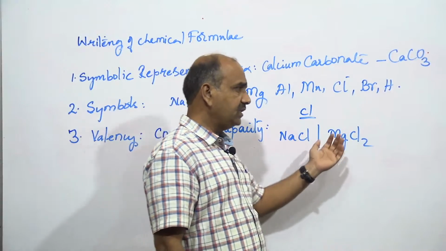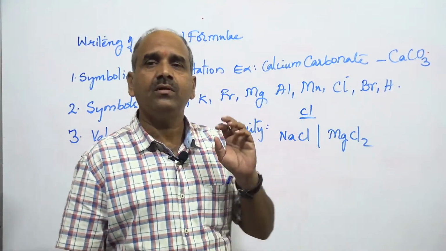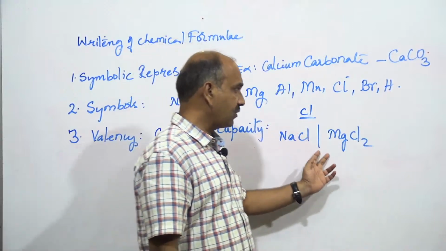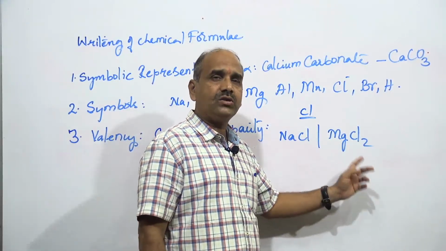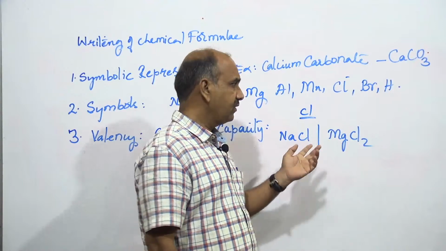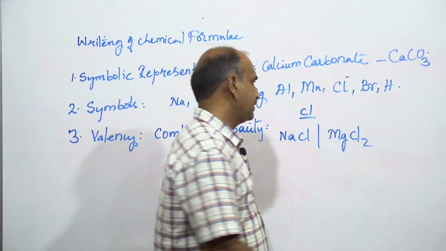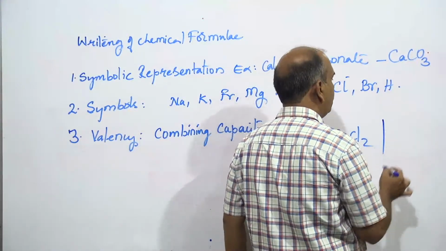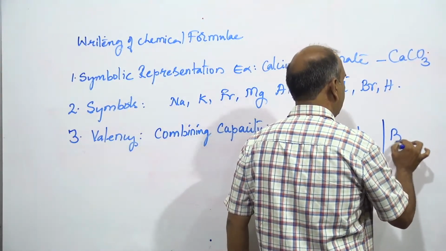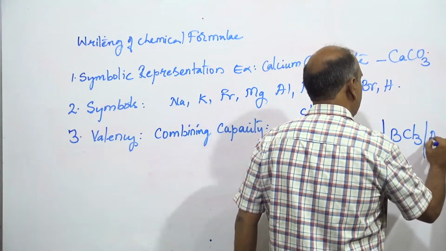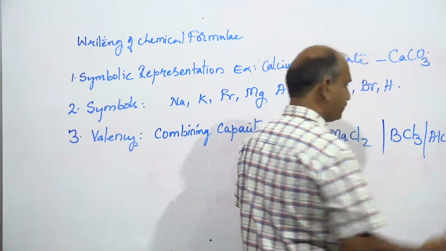When you come to magnesium chloride, magnesium donates 2 electrons. Magnesium has a tendency to donate 2 electrons, and each chlorine will take up only 1. So in order to balance that, you take 2 chlorines there. Then if you come to boron trichloride, BCl3, or aluminium chloride, AlCl3.